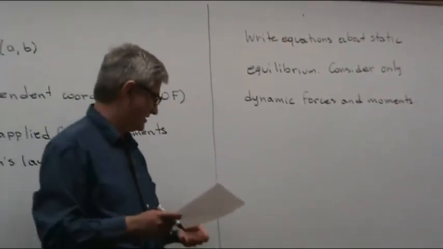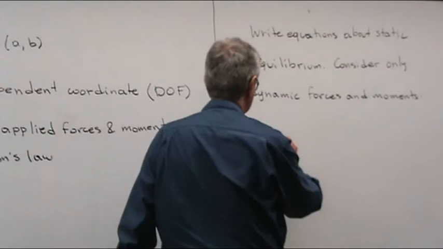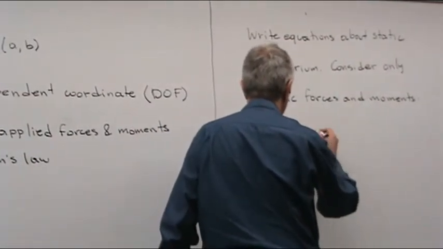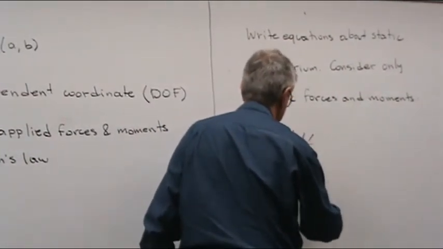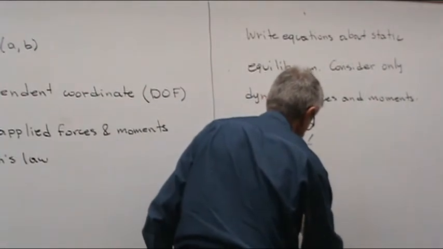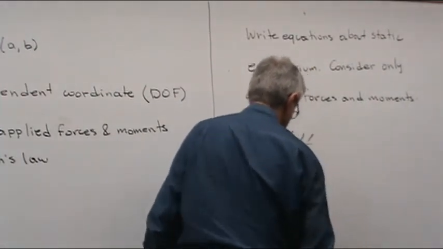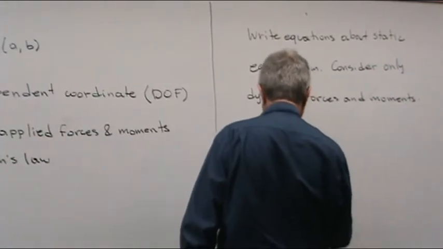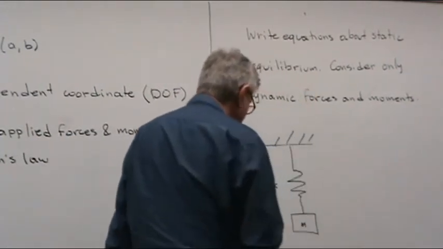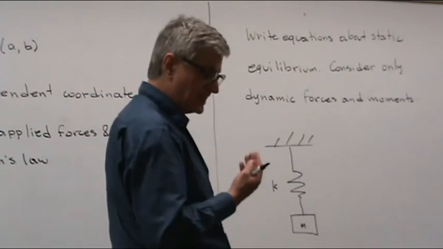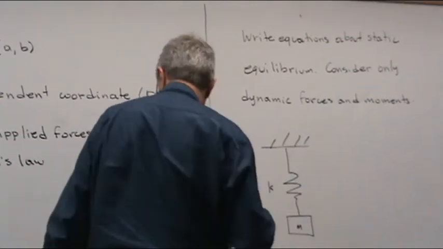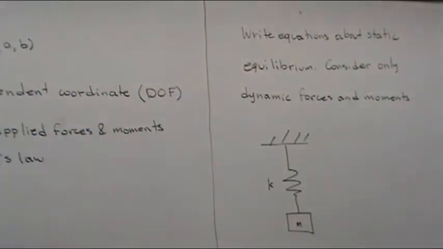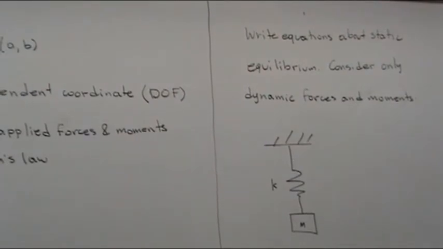you don't need to consider them. For example, if you have a mass that is suspended by a spring, okay? The mass is M and the spring stiffness is K. There is a weight because of the mass, okay? So, should we consider it?